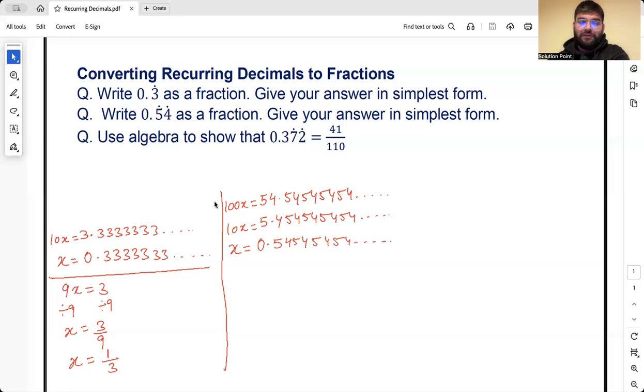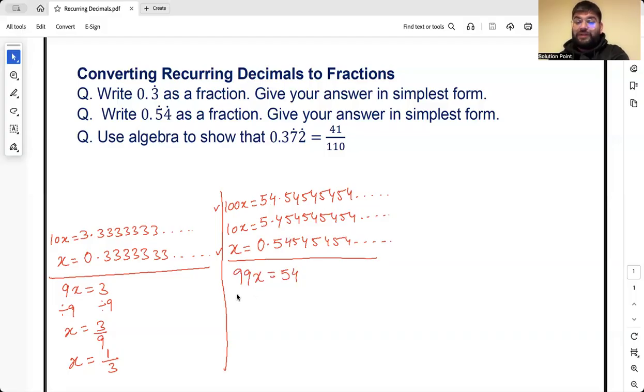Now, if you observe in these two equations, the digits after the decimals are the same. So if I subtract these two equations, leaving the middle equation aside, 100x take away x gives me 99x equals 54 take away 0, which gives me 54, and obviously the digits after the decimal are 0.